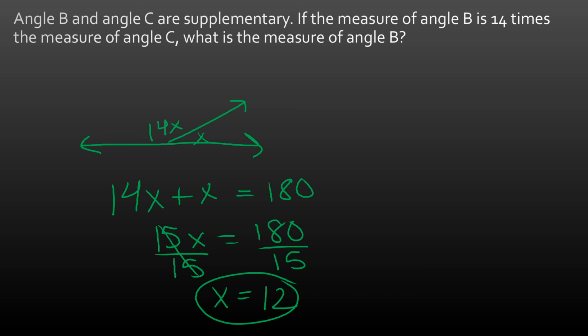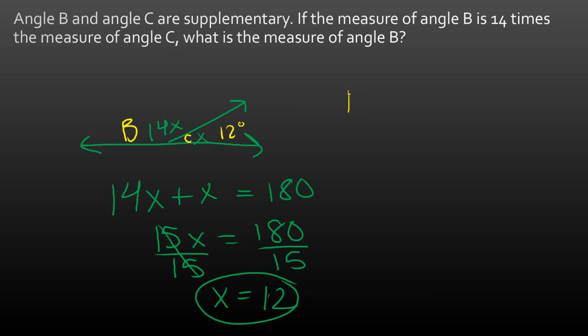Remember that I am trying to solve for angle B here. And angle B is going to be this larger one. Let me change my pen color. Angle B is over here, this bigger one. Angle C, which is this small one, is 12 degrees because that is what x is. But I have 14 of these 12s.